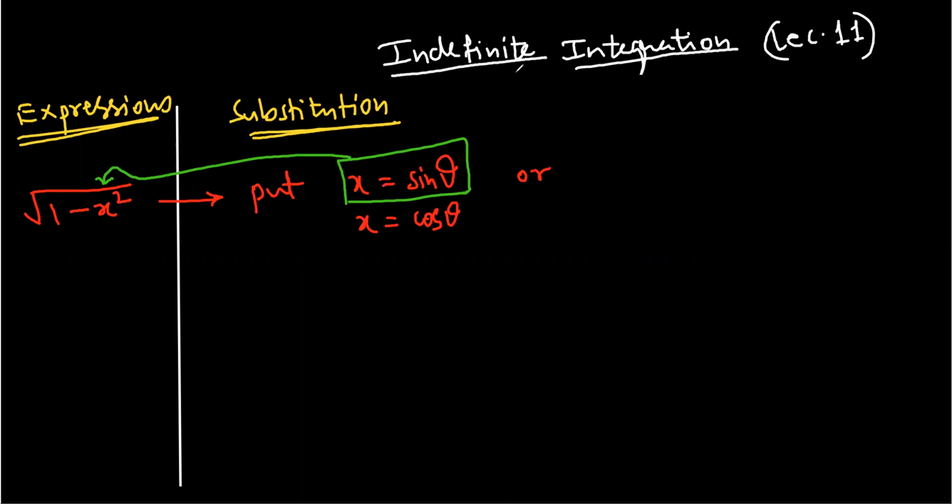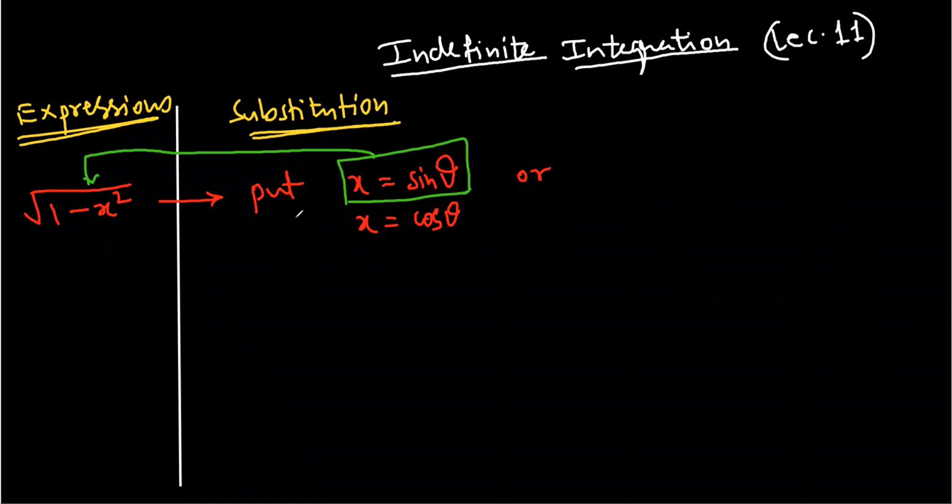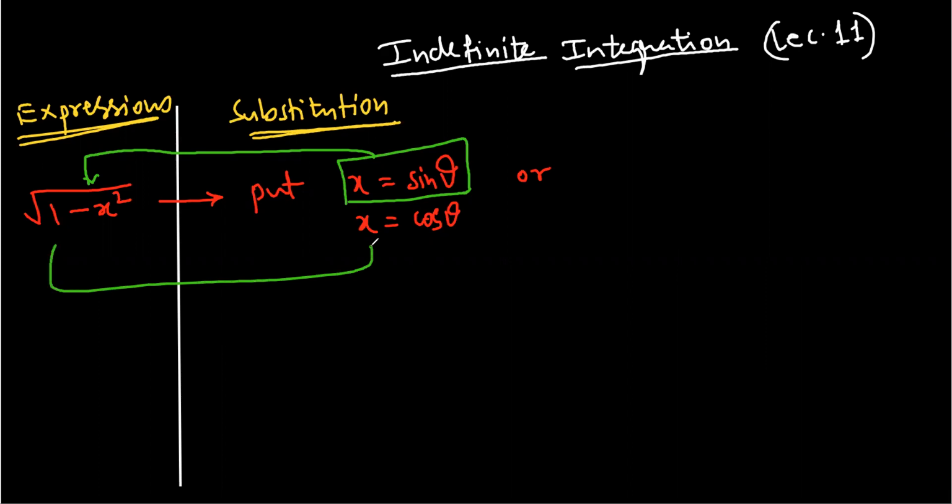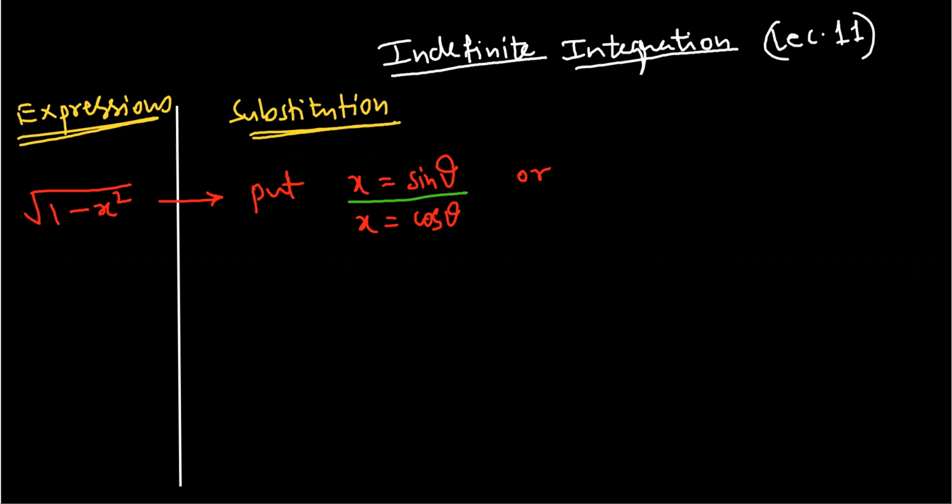When I put x equals sine theta in this expression, I end up with the formula 1 minus sine square theta, or for that matter, if I substitute cos theta, I end up with 1 minus cos square theta. Other than these two substitutions, the other substitutions will not work for this expression. Putting x as sec theta or cosec theta, tan theta or cot theta will not work here.